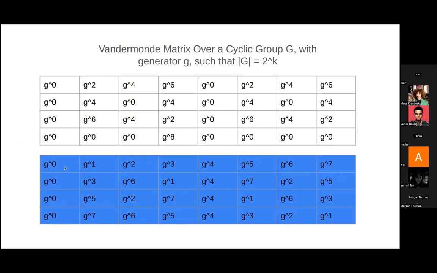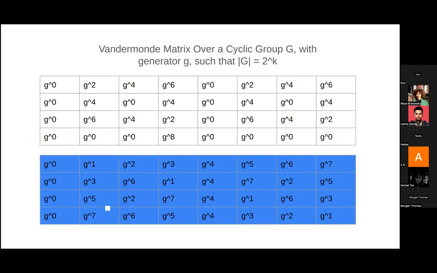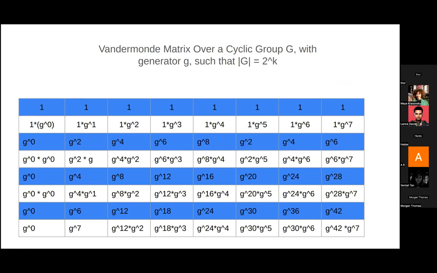So as you can see, it's possible to then split the whites and the blues apart from each other, such that the blues are each multiplied by the same thing in each column. The important thing to see here is that when you separate out the whites and the blues, each column of the blues is equal to the whites times g for the second column.